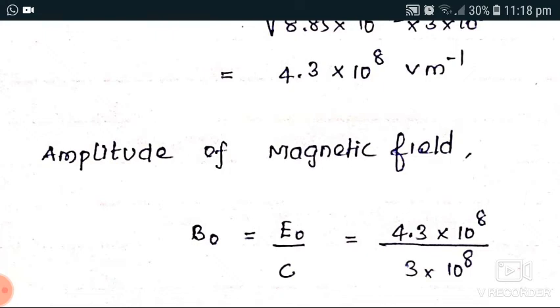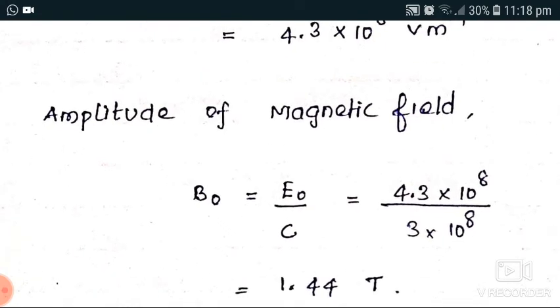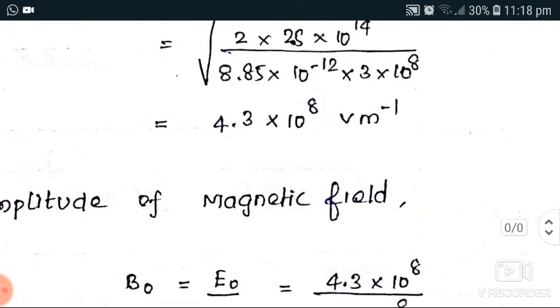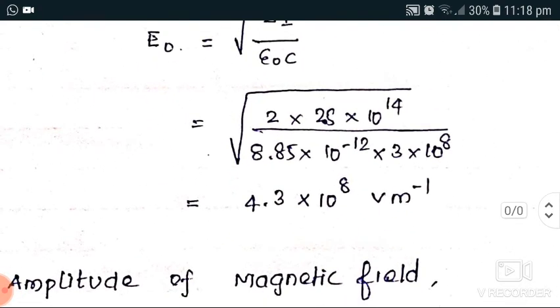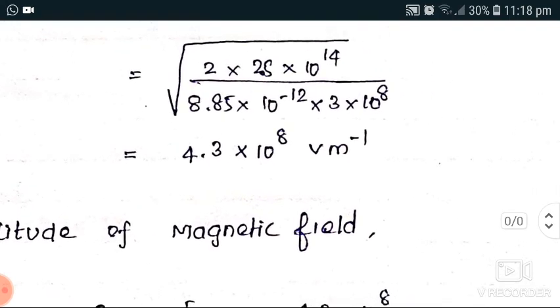Here we need to find B naught, the magnetic field; B represents the magnetic field and E represents the electric field. So B naught is equal to E naught by c. We already have the E naught value from the above equation, that is 4.3 into 10 to the power of 8 V m^-1.